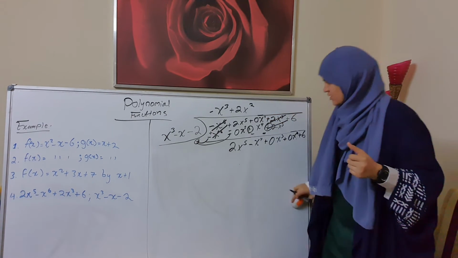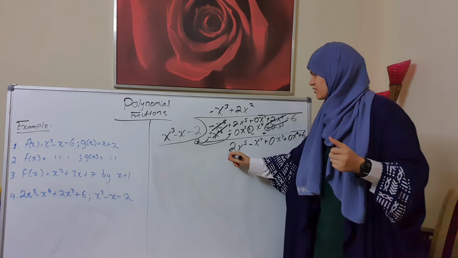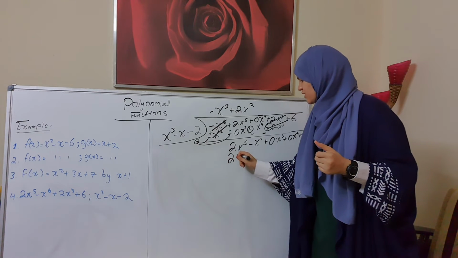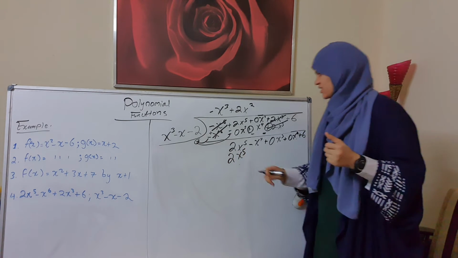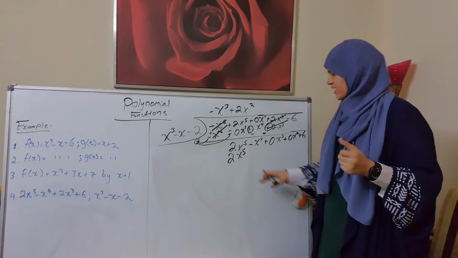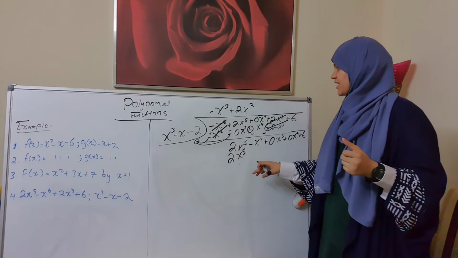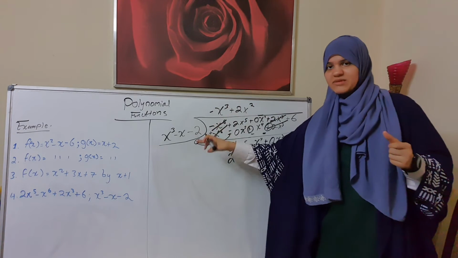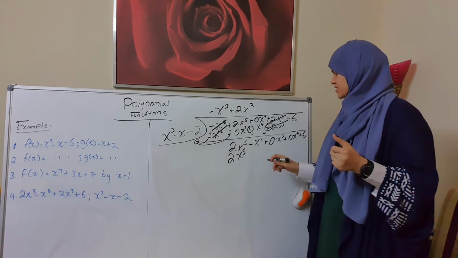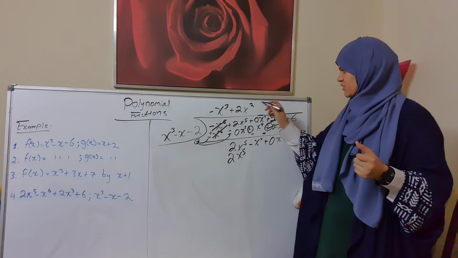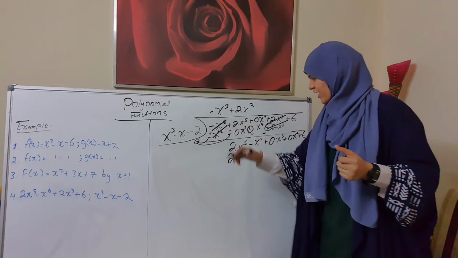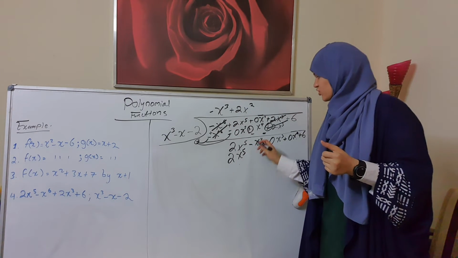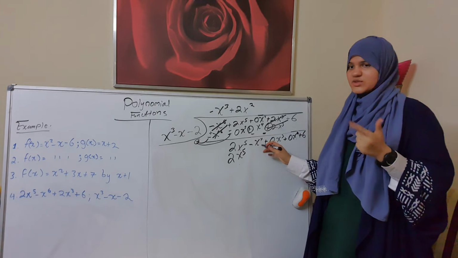Then what we'll do here, to the power of 5, as we already got, 2x to the power of 5, then 2x squared times negative x is equal to what? We don't have x to the power of 4, right?